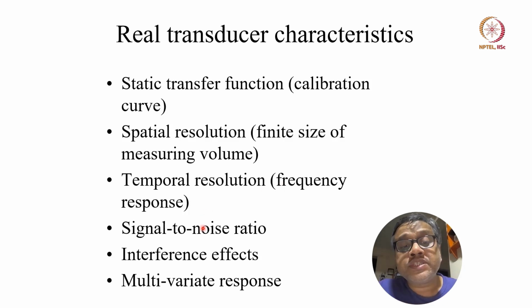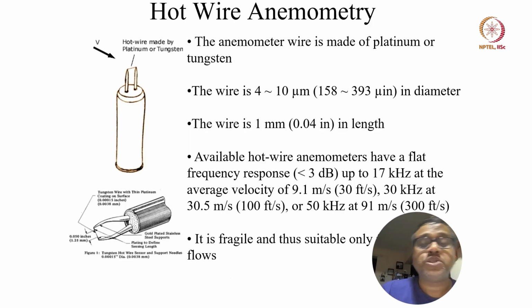It should have a very good signal to noise ratio. The interference effects coming from other sources are very important. And normally there is a multivariate response. That means it not only responds to the variable that you are trying to measure, but all the other variables as well, so that basically convolutes your measurement.